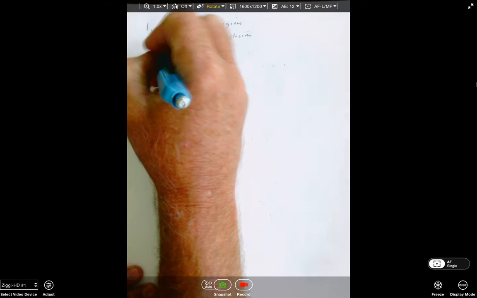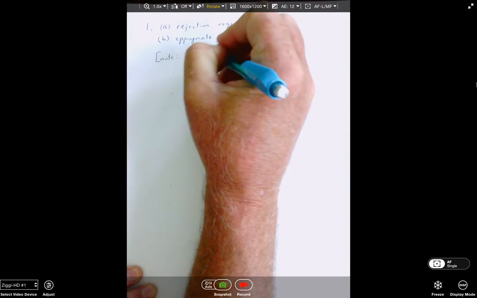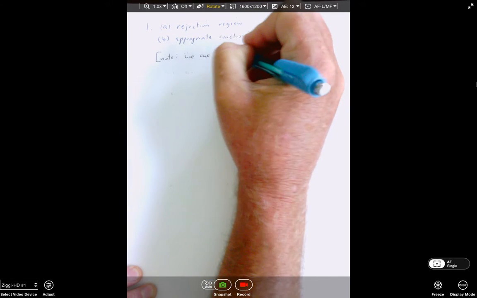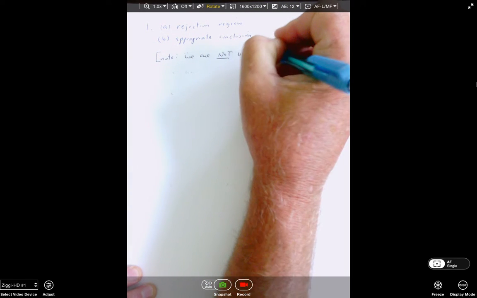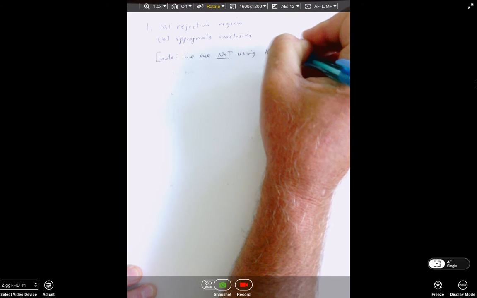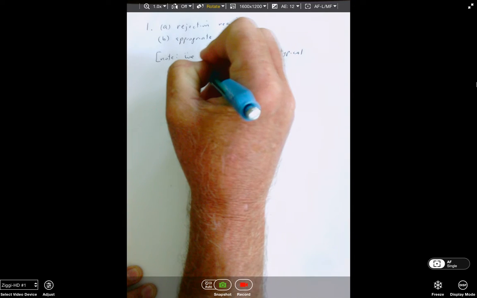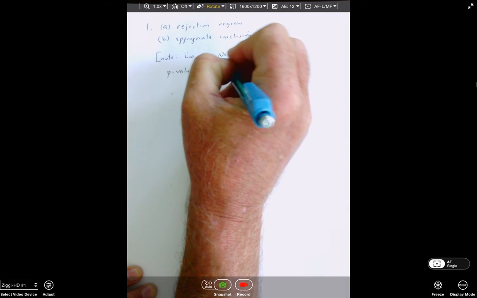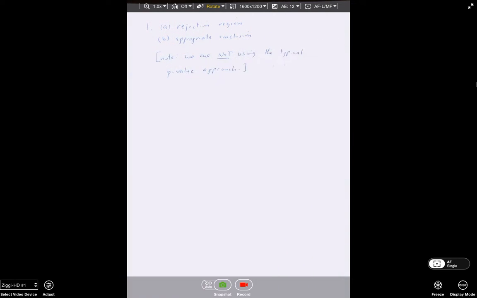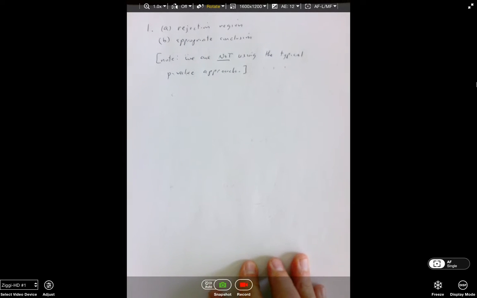So note we are not using the typical p-value approach. But that's okay. This is just a different way of doing problems, and we encounter these sometimes.